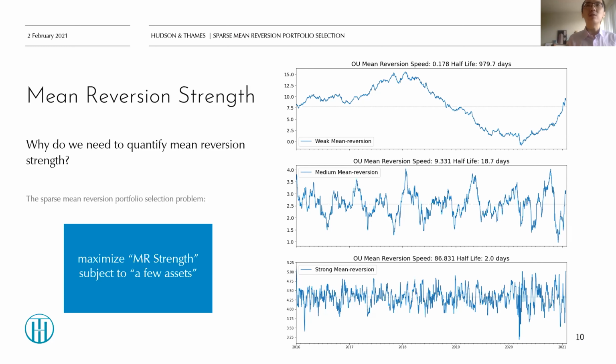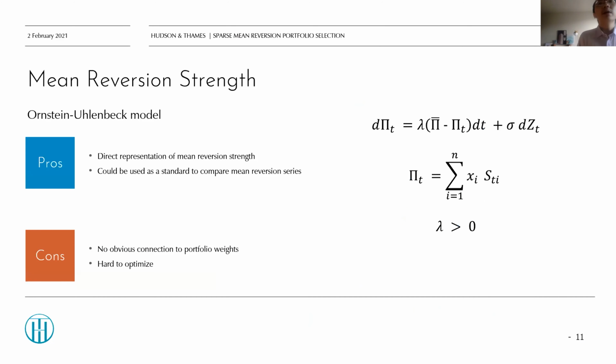Half-life here is one of them, and we can relate the half-life to the Ornstein-Uhlenbeck model. In the Ornstein-Uhlenbeck model, we have a direct representation of mean reversion strength. This is denoted by lambda.